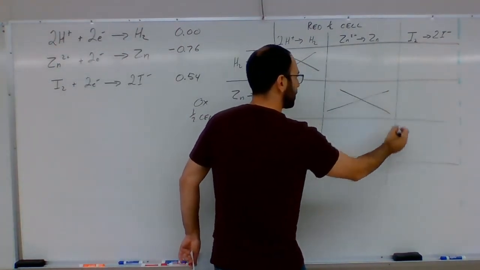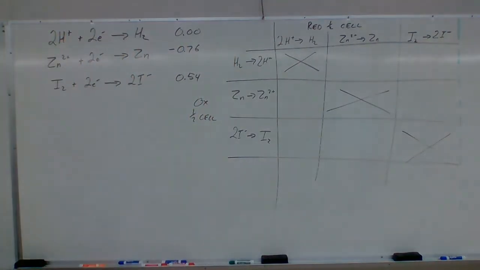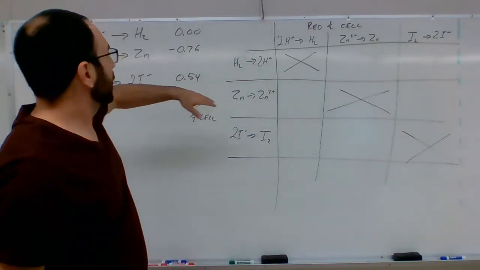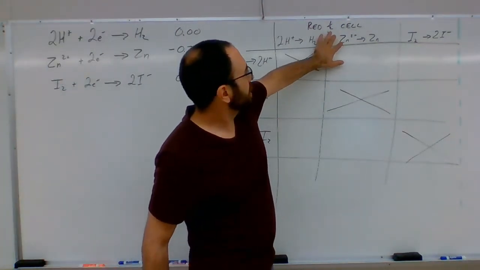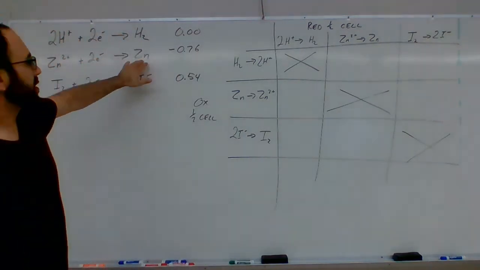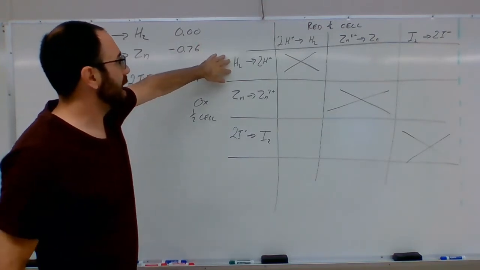So, when we are looking at this reaction here, the zinc going from the zinc 2+ to the zinc metal, that's a negative 0.76, and we've got the 0 for this hydrogen, so this combination is a negative 0.76.